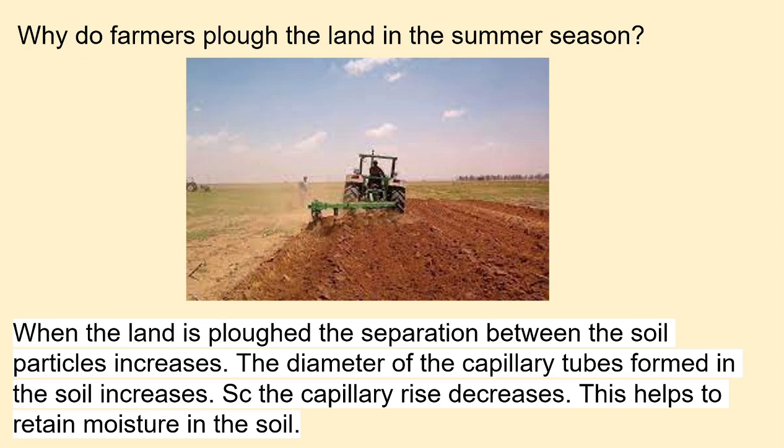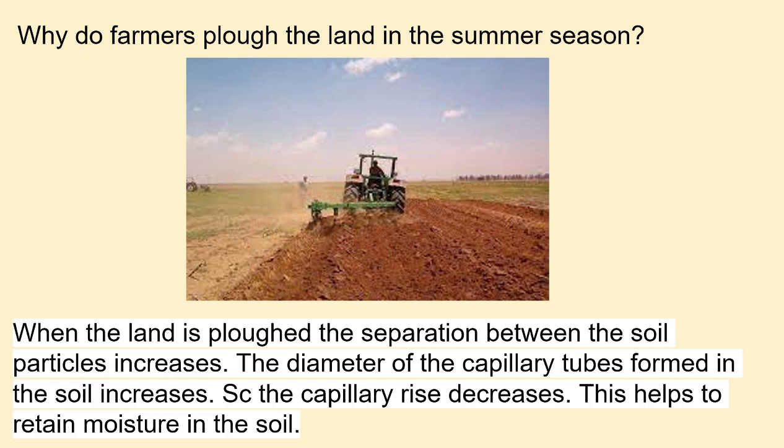We know in the summer season there is a scarcity of water, and the soil becomes more dense, which means the separation between the soil particles has become very little. So we can see there is a formation of capillary tubes, very small capillary tubes, the small holes.